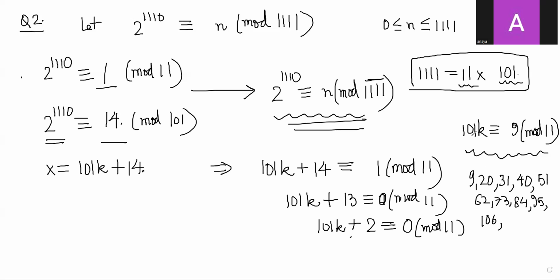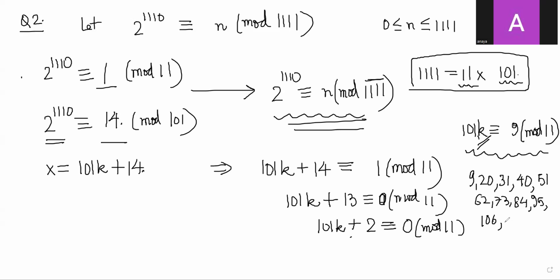It will be annoying, but we just need to select what should be the K so that this is a multiple of 101. We need a multiple of 101 to appear here. That's how we can cancel 101.